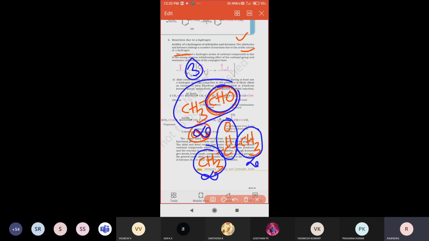Because of the presence of alpha hydrogen atoms, aldehydes and ketones both exhibit acidic nature, due to the presence of alpha hydrogen atoms.